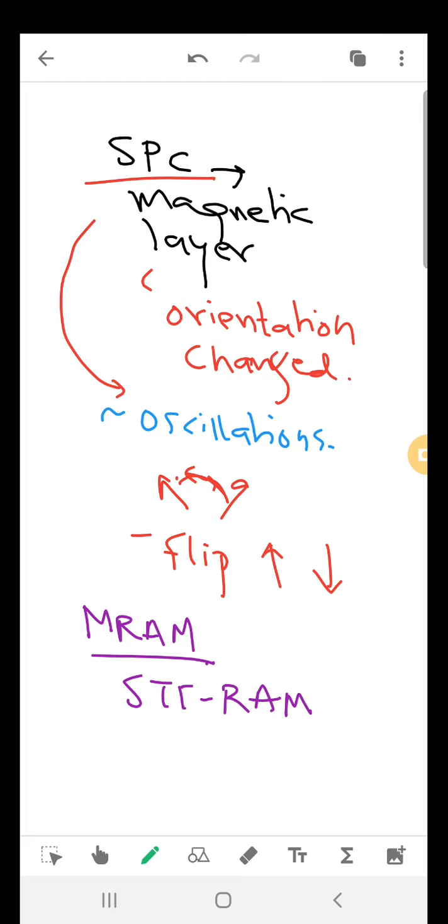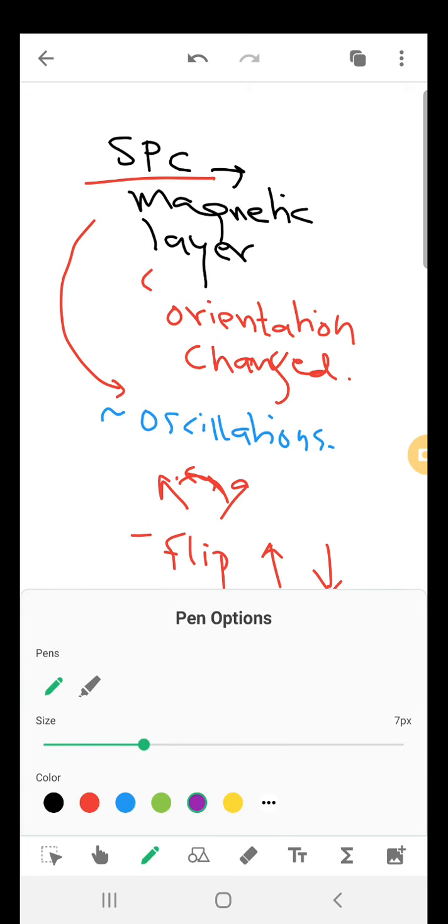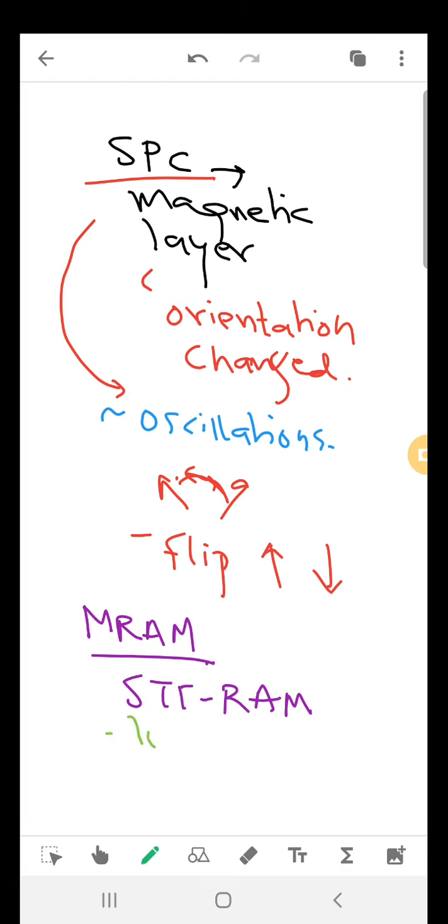The advantages of this STT RAM are that it has lower power consumption and better scalability than other conventional memory devices.